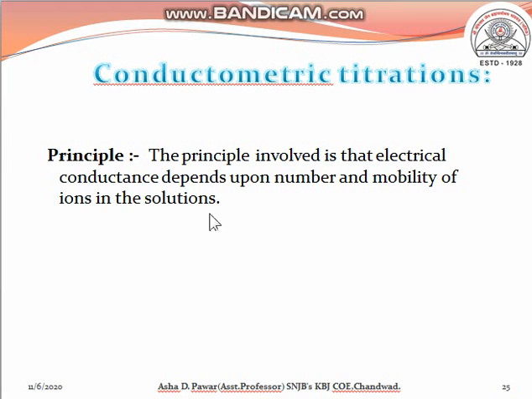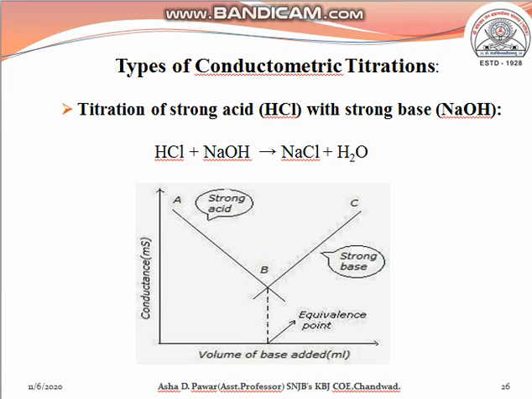The conductance depends upon the number and mobility, that is the speed, of the ions present in the electrolytic solution. So the first type of conductometric titration is the strong acid, strong base conductometric titration, and the very common strong acid used in chemistry is HCl and strong base is NaOH.